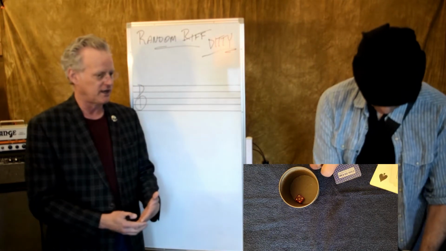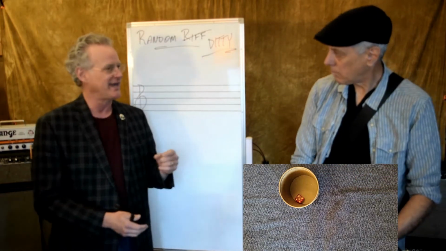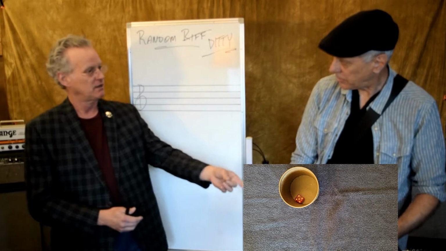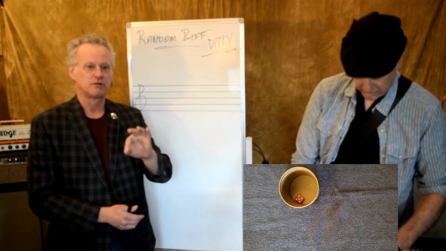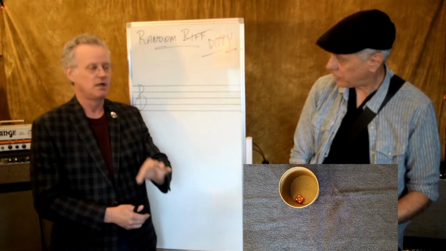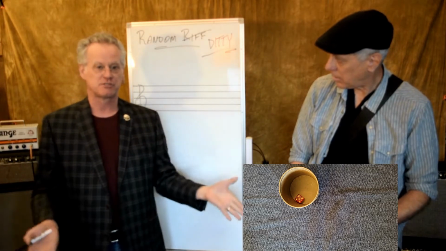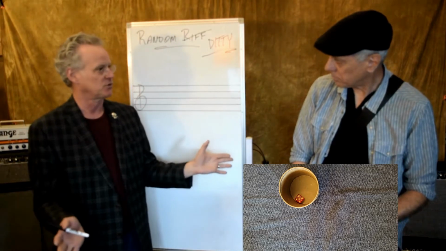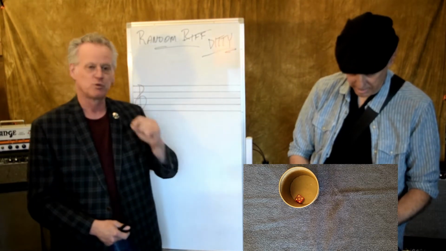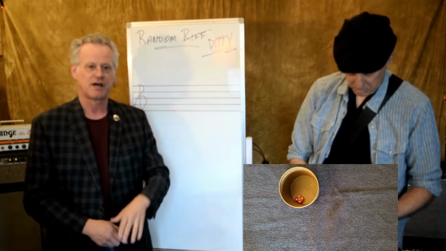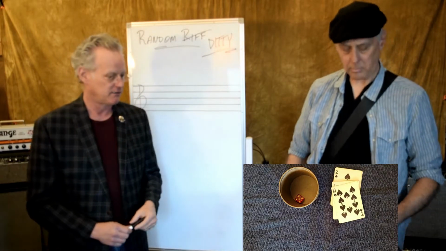We have 12 cards, ace being 1, 2, 3, 4, 5, 6, 7, 8, 9, 10, Jack is 11, Queen is 12. The queen being 12 is the same as the open string, so we'll get the open string in there. We'll pick string and then fret, and do that 5 times and get 5 random notes.